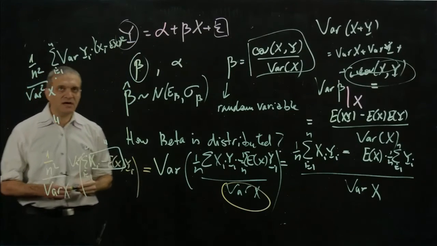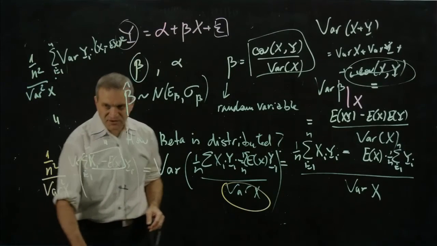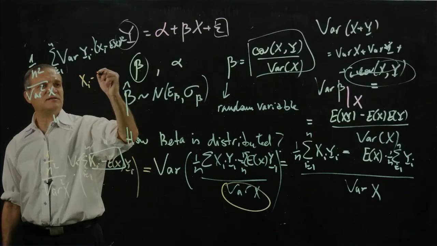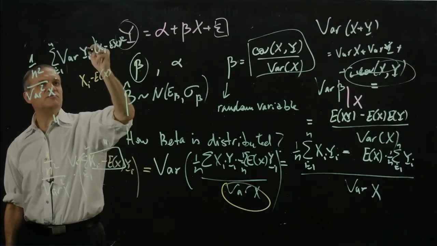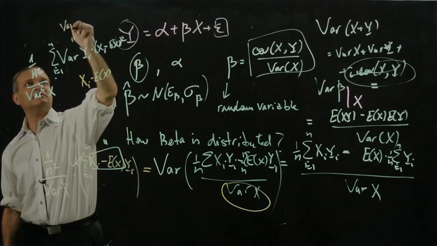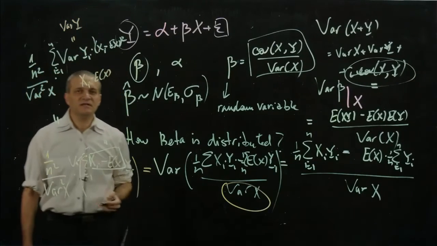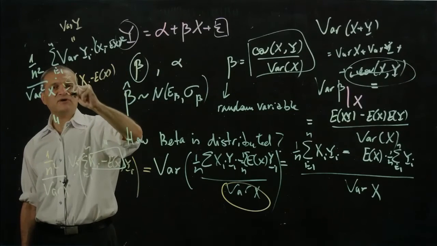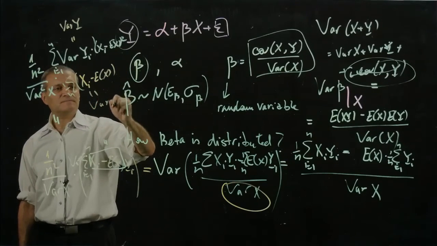Now, the variance of yi is the variance of y, since we assume they all have the same variance. And the sum of xi minus the expected value of x, squared, times 1 over n, is the variance of x.